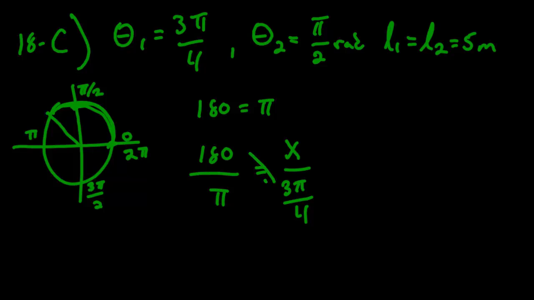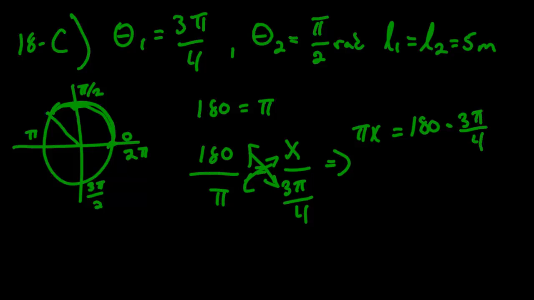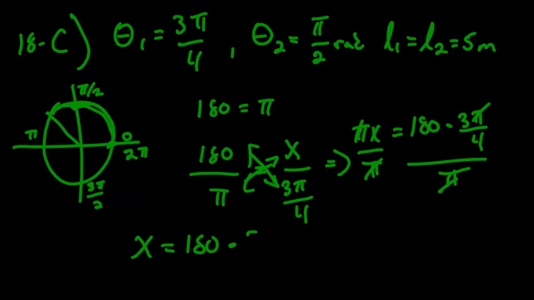We cross multiply, so pi x is equal to 180 times 3 pi over 4. The pi's cancel, and then x is equal to 180 times 3 over 4, which is 135 degrees.